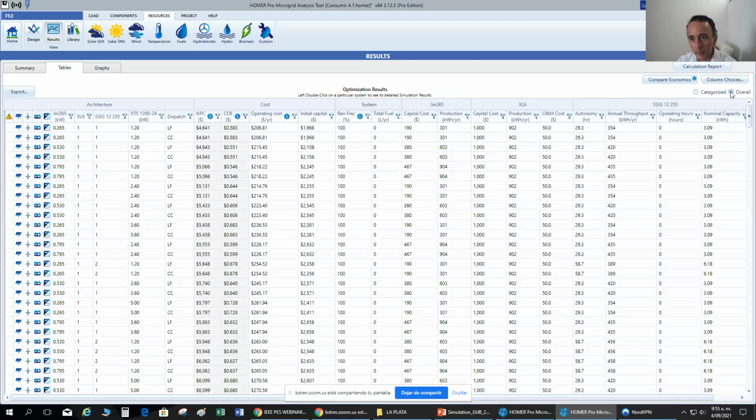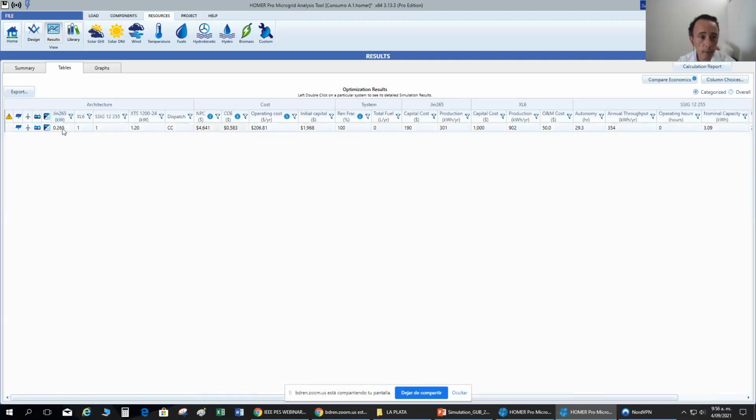So the optimized solution is a solar system, wind power system, battery and converter: solar module, just one, 265 watts; wind turbine, the XL6; battery, just one, 12 volts, 255 ampere hours; and a converter, 1.2 kilowatts.